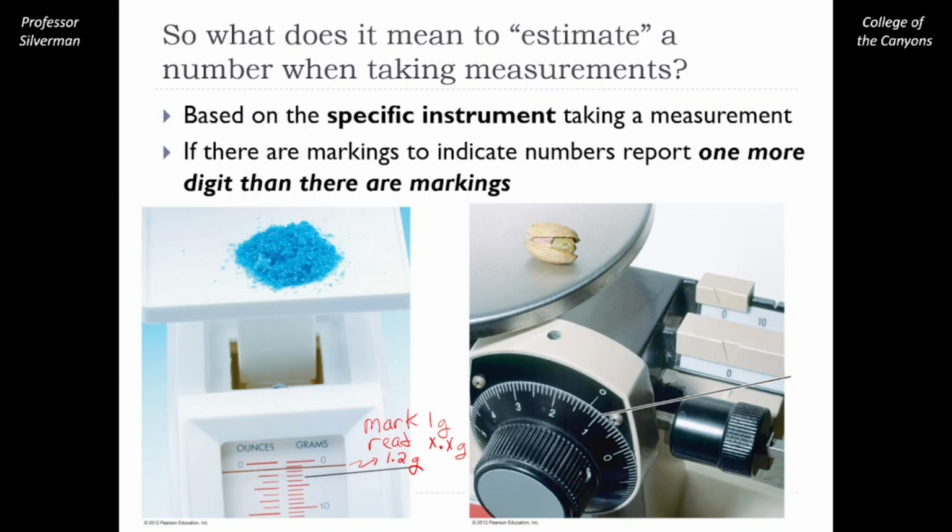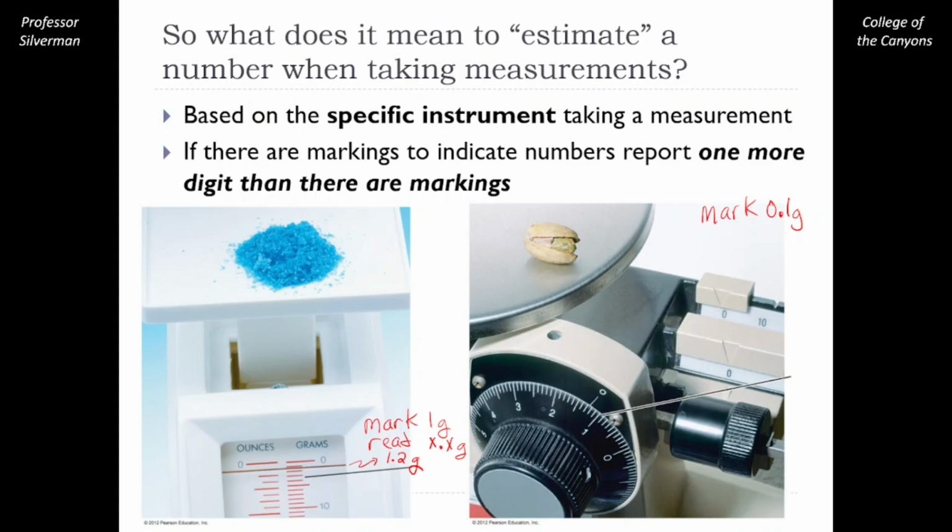For this pistachio on the right-hand side, again, we have lines marking where the values are. The markings here are now 10 little tick marks in between 1 and 2 grams. So we have a marking every 0.1 grams. This instrument is more precise.